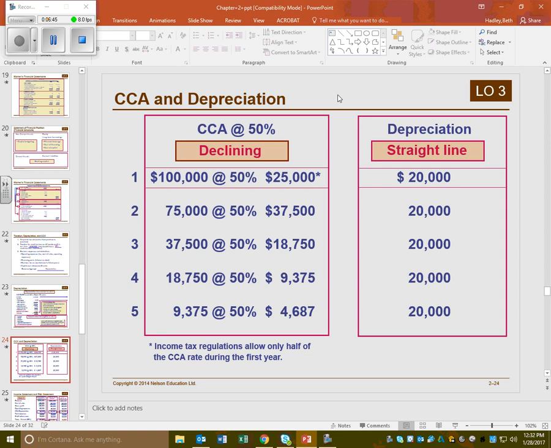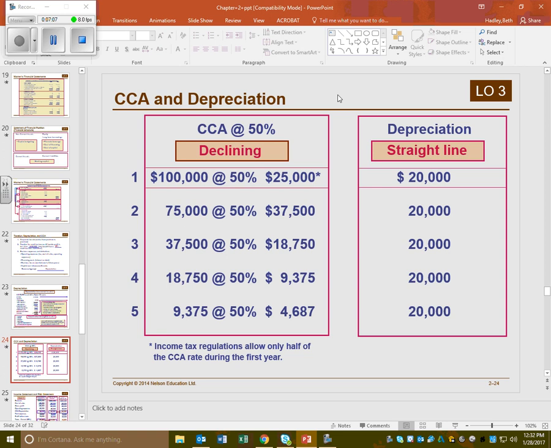Okay. So if you look on page 60, we're looking at an example of a calculation for the capital cost allowance. The asset they're talking about is worth $100,000.